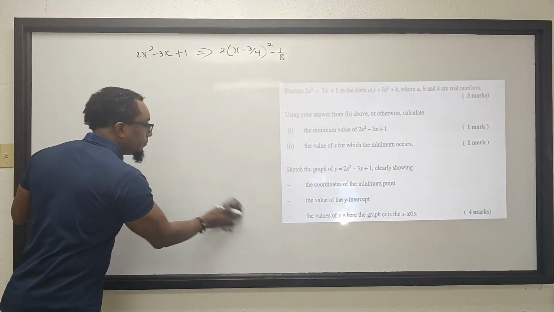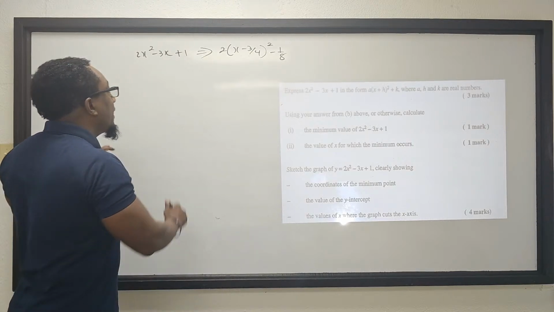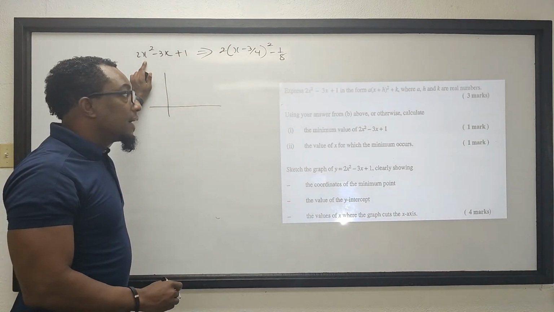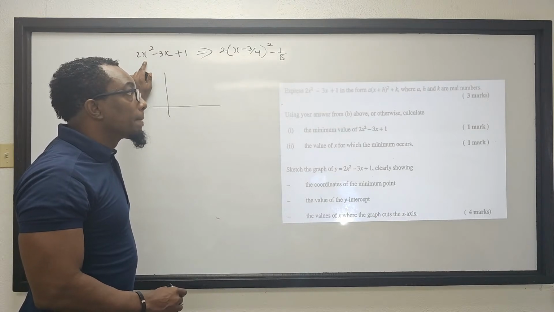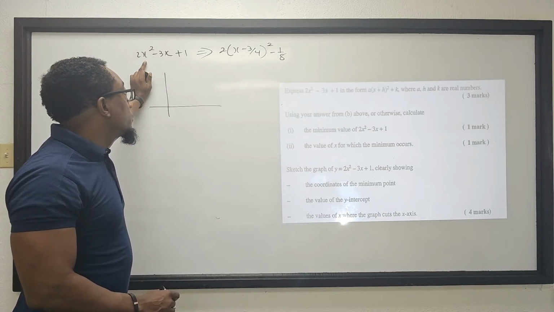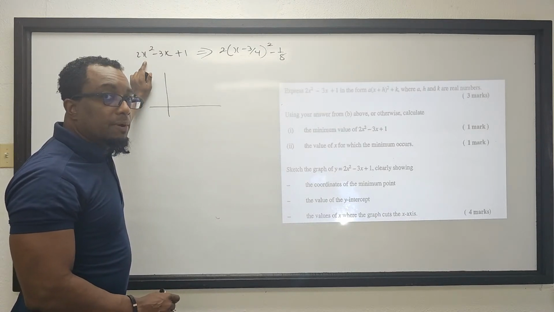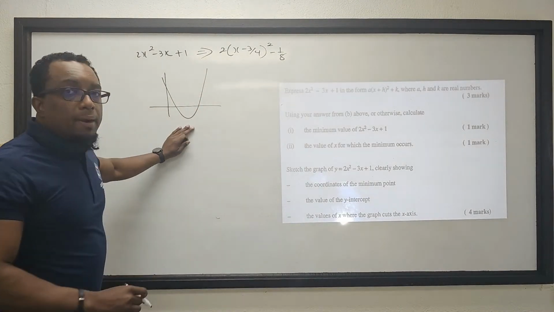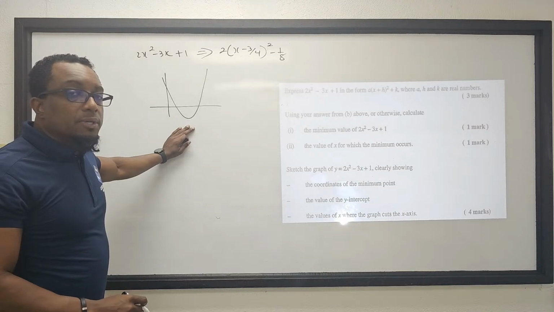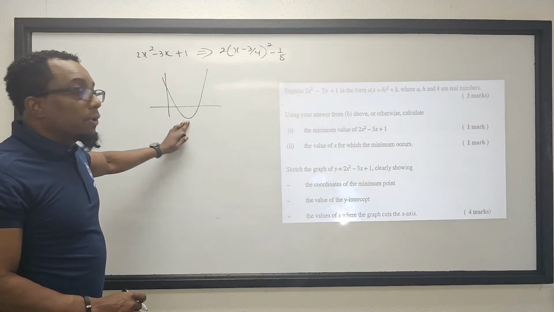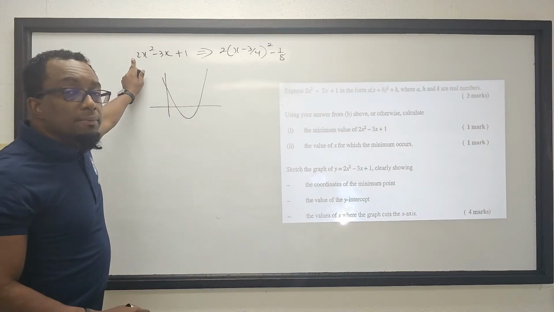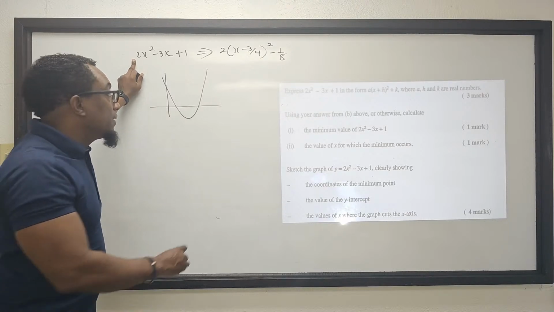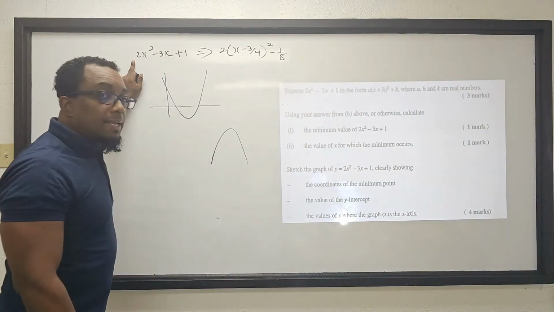Now, remember the minimum value. This is a quadratic function, and remember a quadratic function is in the shape of a parabola. Every parabola will have a turning point. The parabola will be shaped like this because the number in front of x squared is positive. If the number in front of x squared was negative, then your curve would have been shaped like that.